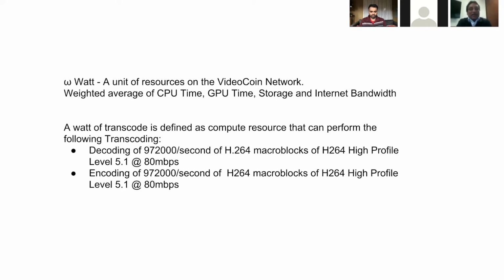To start with, we came up with a definition of watt that can be tied to the amount of work being done by the miner, and come up with associated payments. The watt we defined as basically decoding and encoding H.264.